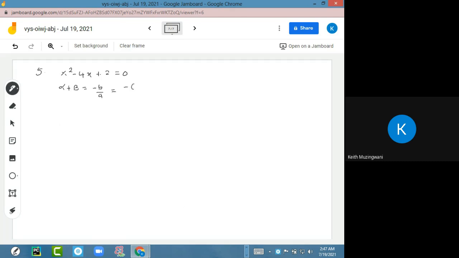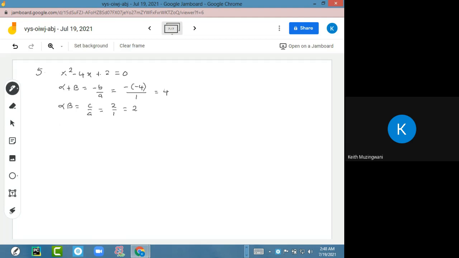So negative negative 4 over a, which is 1, that is positive 4. Alpha beta is c over a, c is 2, a is 1, which is 2. So we know the sum, we know the product.